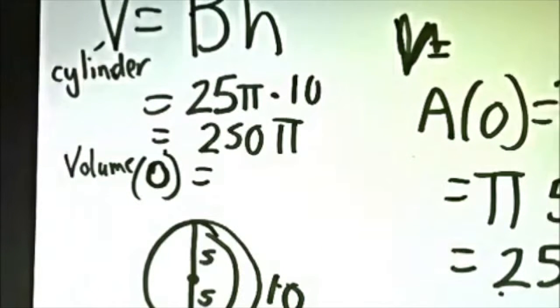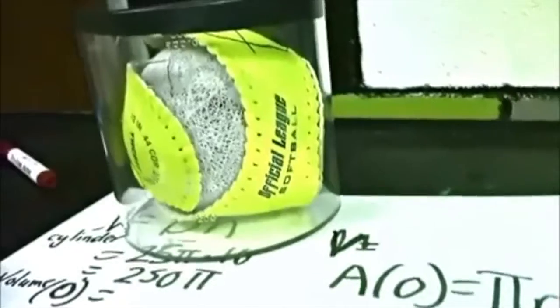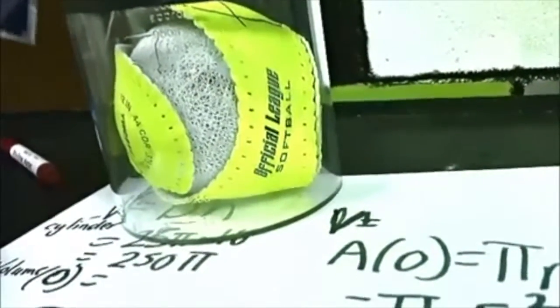Now that I have the volume of the cylinder, there's the cylinder. I'm going to show you how they're related. So I'm going to put that inside. Just kind of plops in there without the outside being stuck to it.